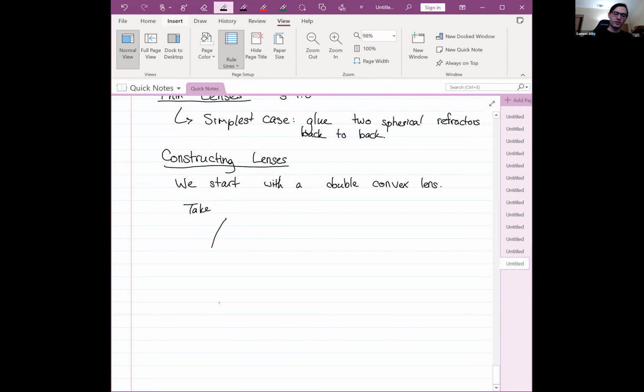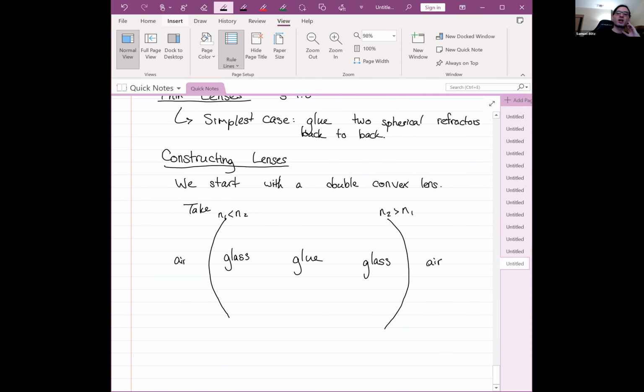So we're going to take one of these with n1 less than n2. We're going to have air here, say glass here. Then we're going to have glue. Then we're going to take one of these where we have n2 greater than n1, and we have glass here and air here.